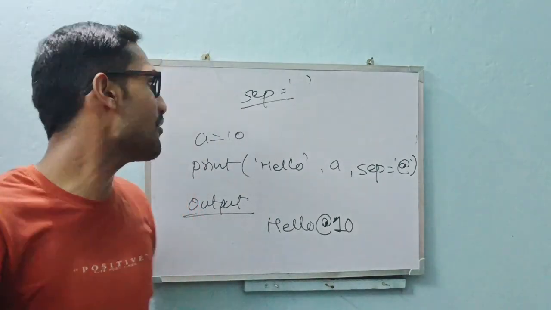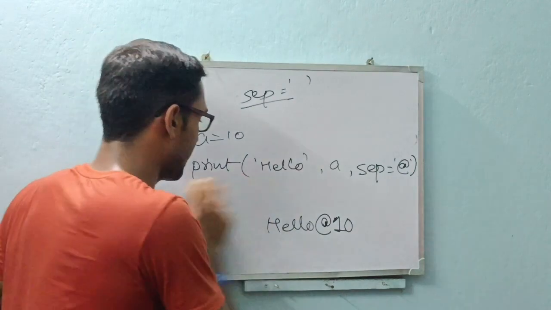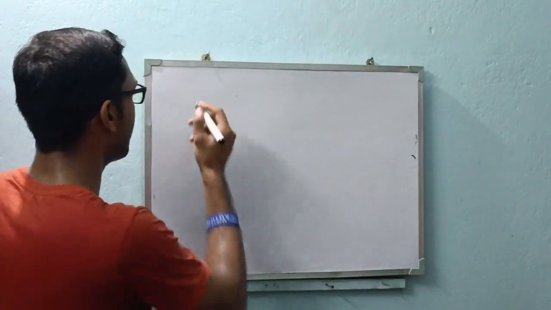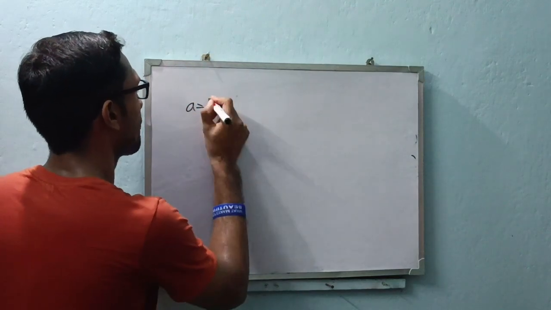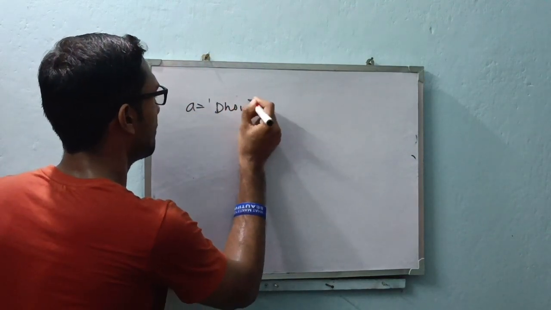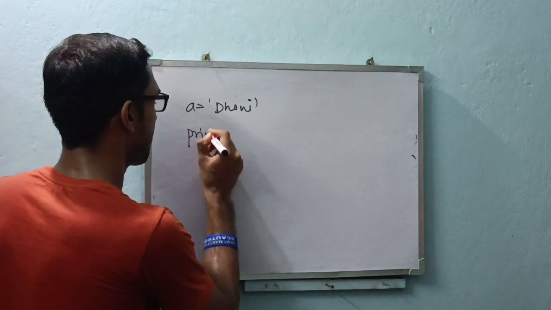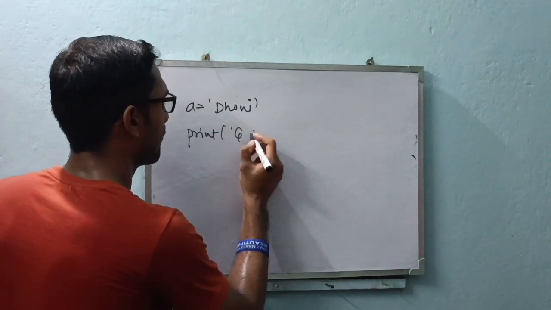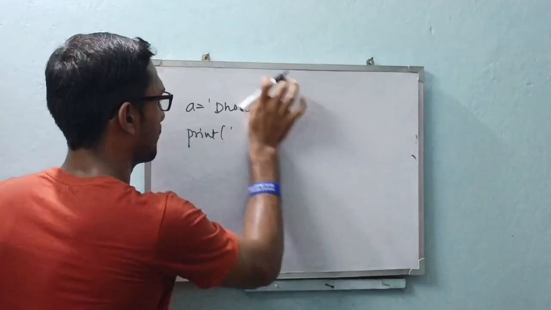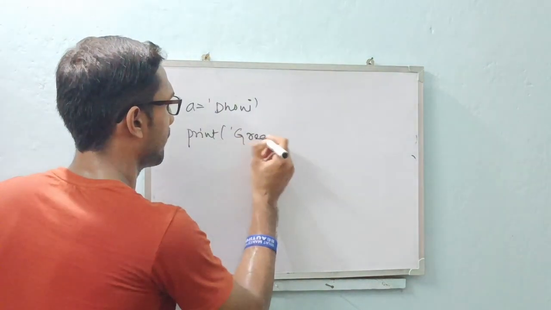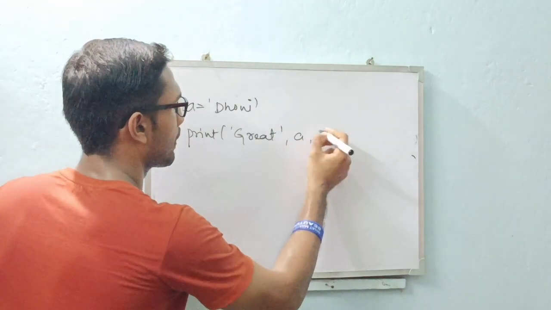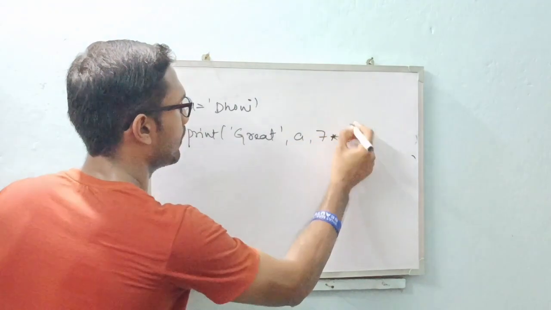Now, suppose I have another parameter, let me include another parameter. If I write a equals Dhoni, print grade, comma a, 7/1.